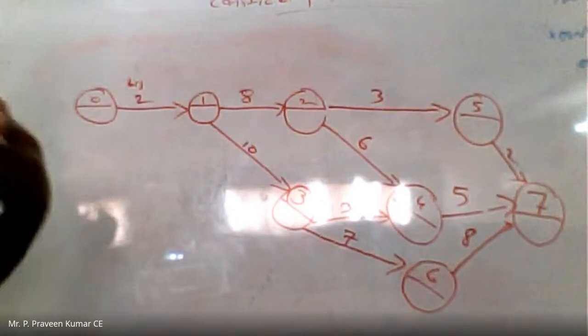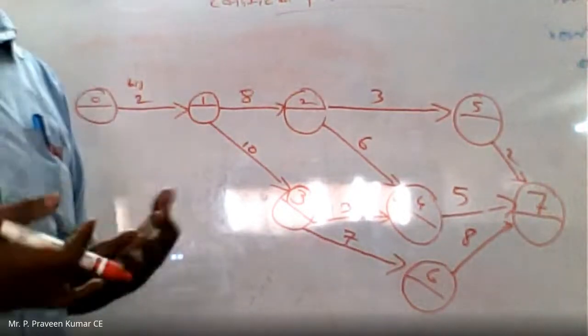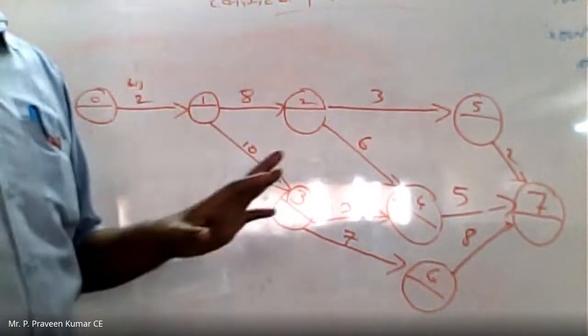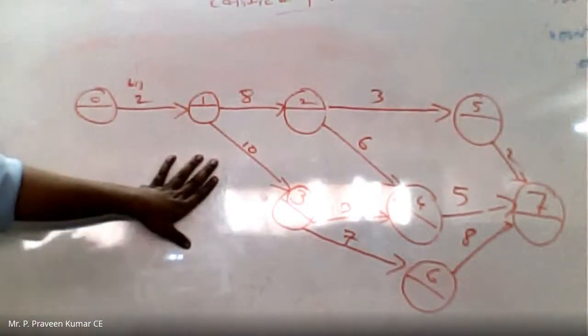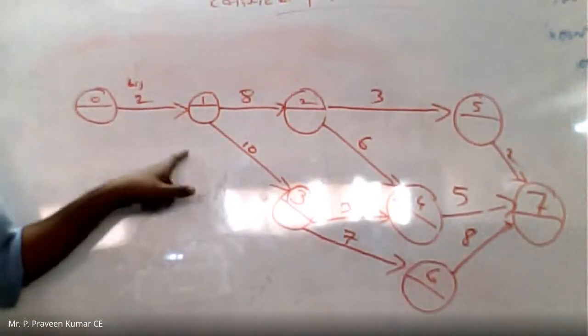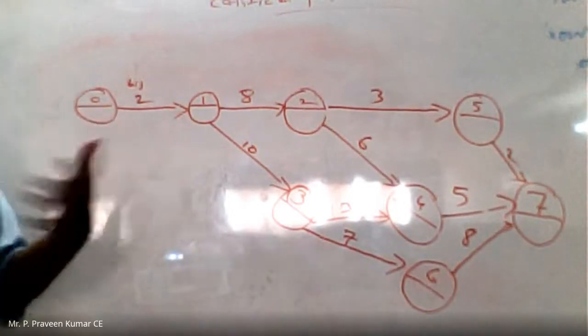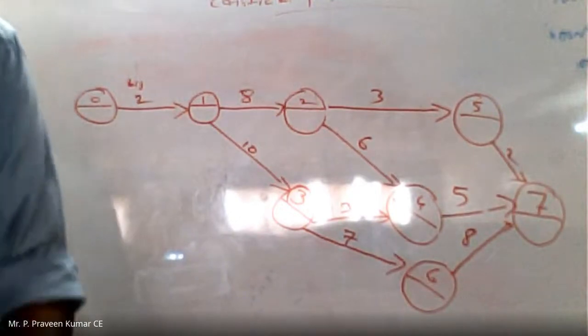We need to calculate all that. For everything there will be some formulas. If you keep those formulas in your mind, then the calculation part is very easy. But before calculating, you need to develop the network diagram. If you develop the network diagram accurately, then you can calculate the problem very easily.